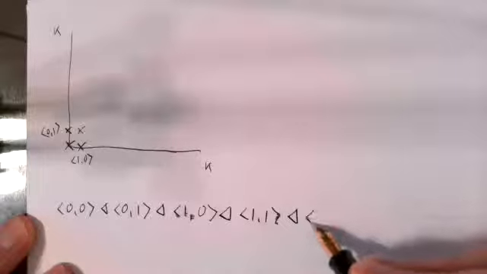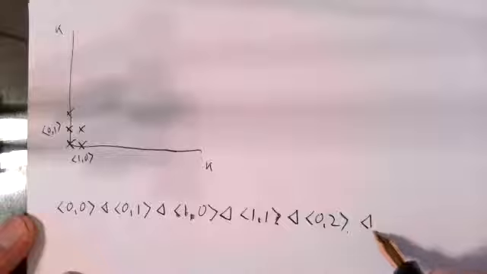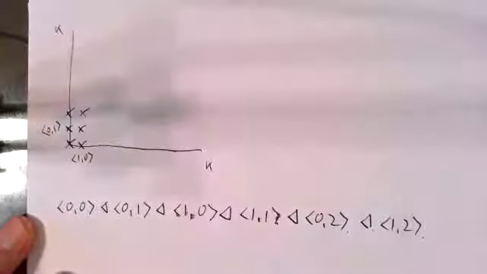After that, we're involved in the 2s. It's 0, 2 up here. Then comes 1, 2. And then it hops down here to 2, 0.